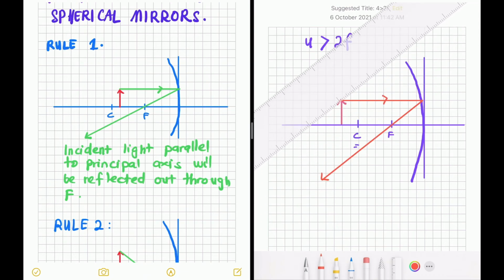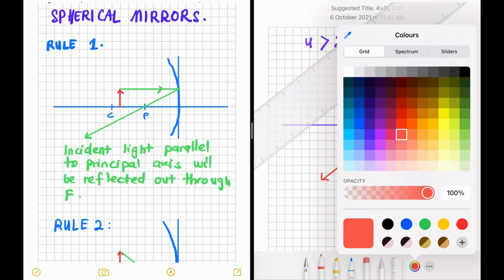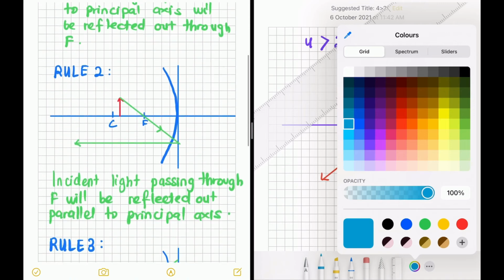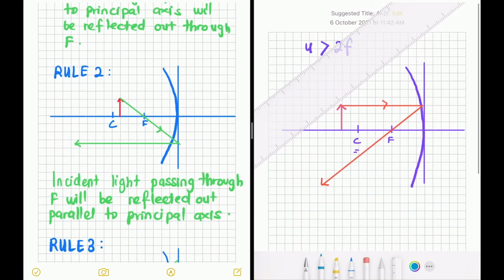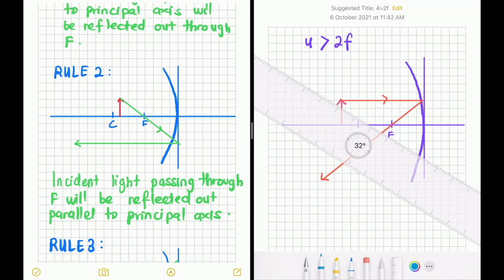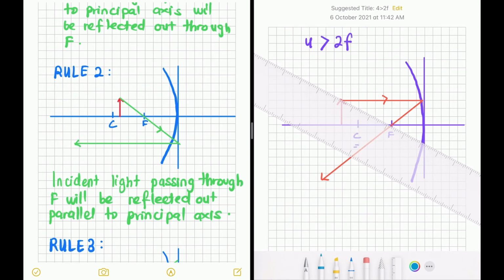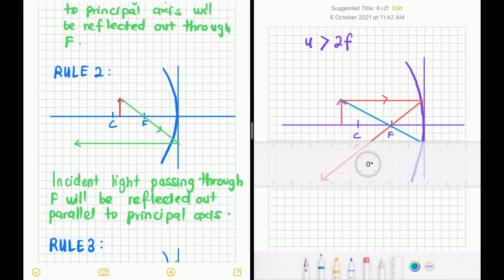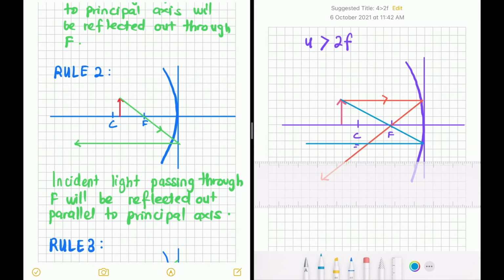Okay, now let's do the second rule. For rule number 2, when we have an incident ray passing through F, it will be reflected out parallel to the principal axis. So from the top of the object, or the end of the arrow, you just draw the line which is passing through F, and this ray will be reflected out parallel to the principal axis.